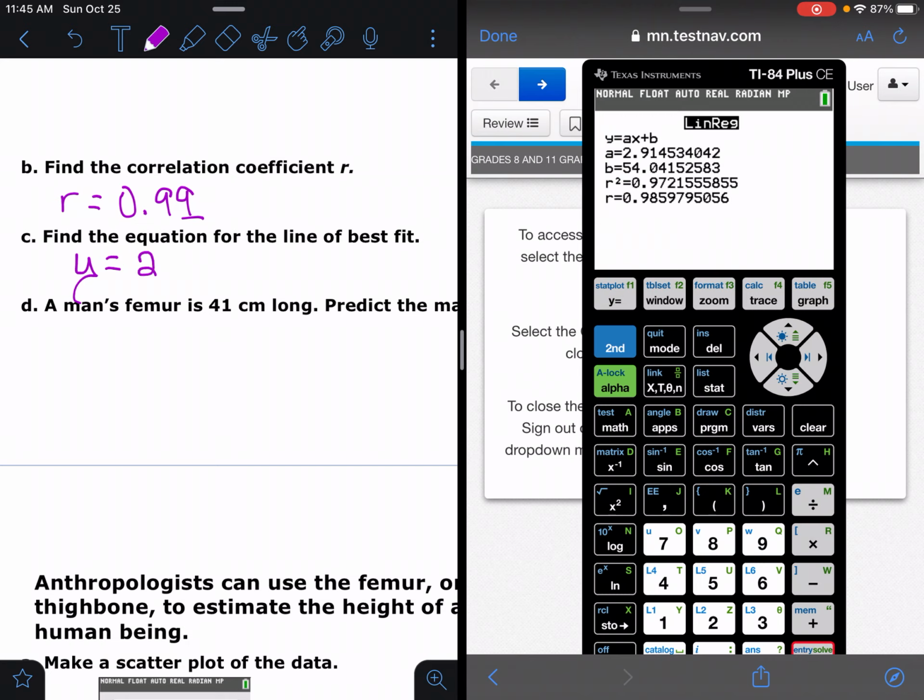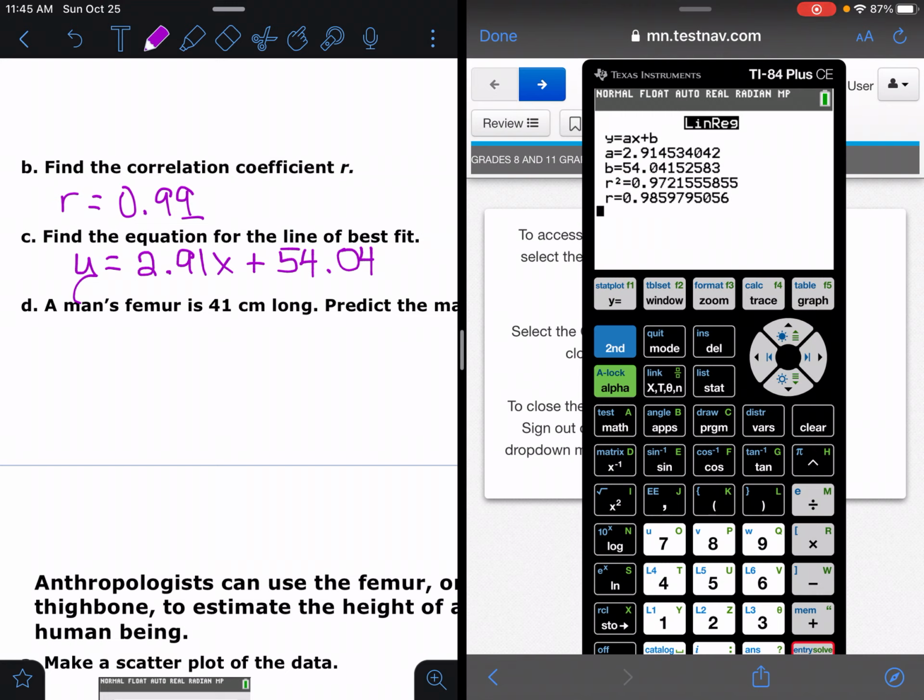So it's 2.91x, and then plus b, and they tell us that our b is 54.0415, etc. We're going to round that to 2 decimal places as well. Okay, so now I have y equals 2.91x plus 54.04.